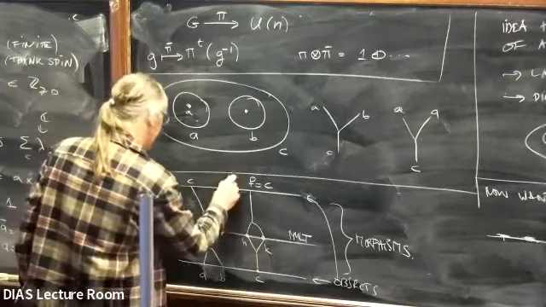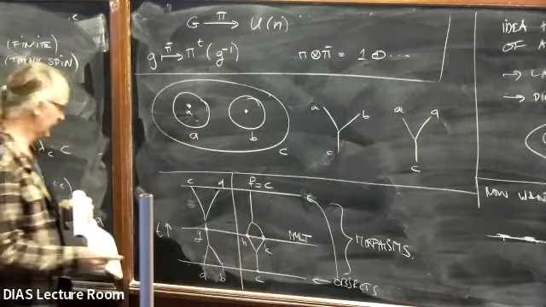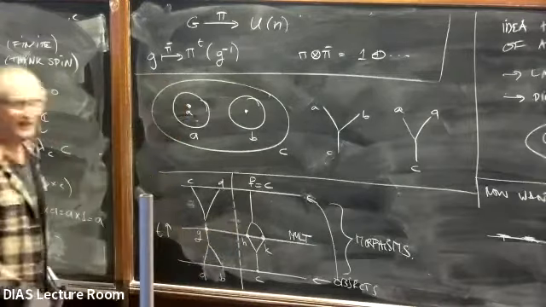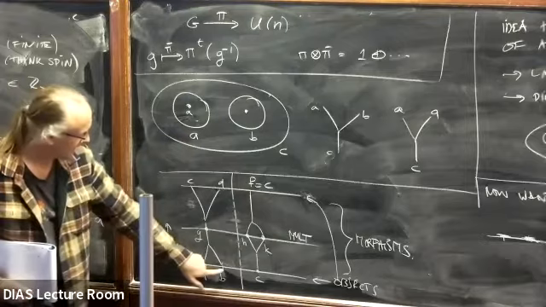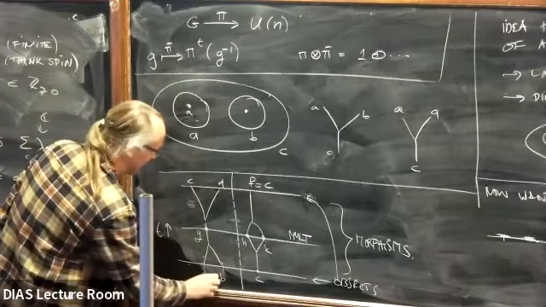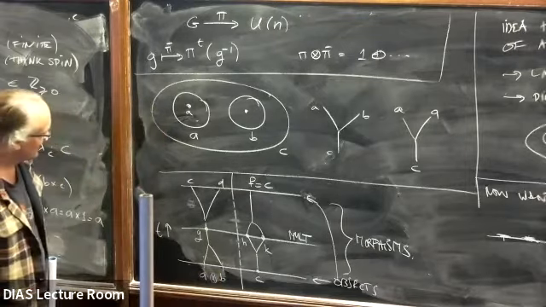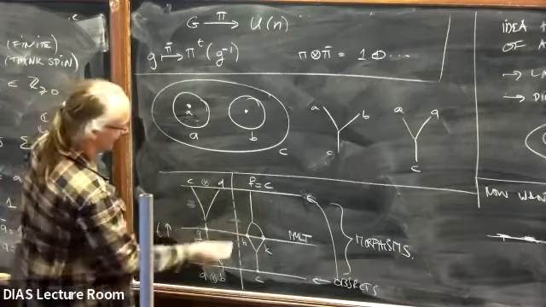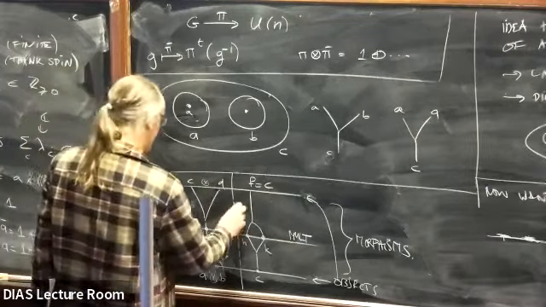If I put a vertical line here, which is just a separating line, not an actual line in the diagram, then on the left I have the object A times B. So you can think of this as an A tensor B object and a C tensor D object here. But this whole thing gets tensored with the object C on the right hand side. So this is like a tensor structure of the category.